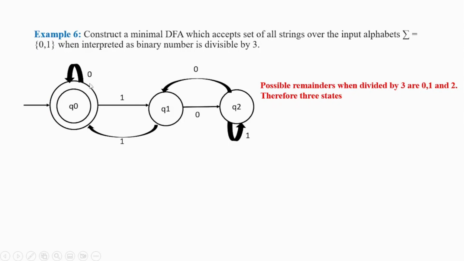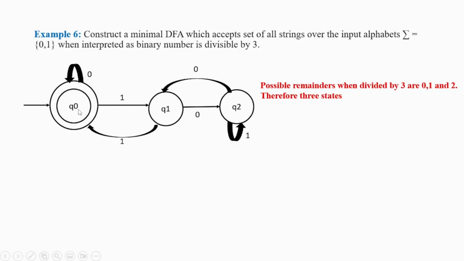When I see 1, so 0, 0, 1, if I divide by 3, the remainder is 1 only. So 1, 0 is 2. If I divide the number by 3, I will be in the remainder 2 state.